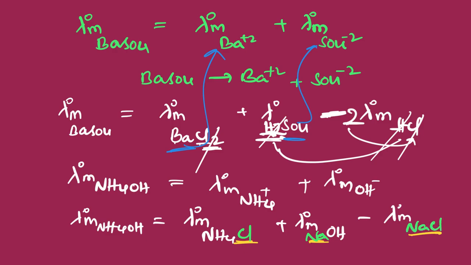NaCl, because Na will cancel after ionization, this Cl will cancel after ionization. Then what will be left? Ammonium ion, this equals this one, and OH minus ion, this equals this one. Therefore, like this the limiting molar conductivity of weak electrolytes will be calculated.